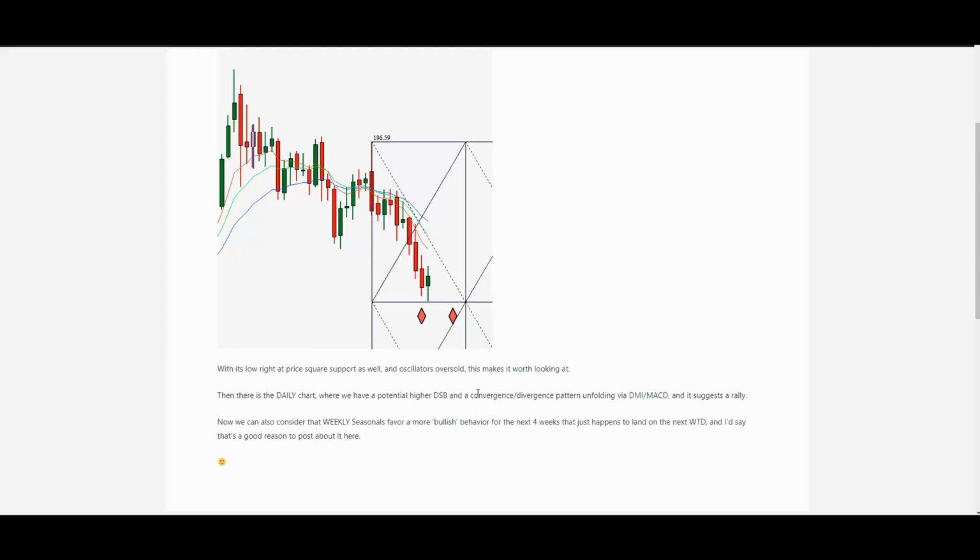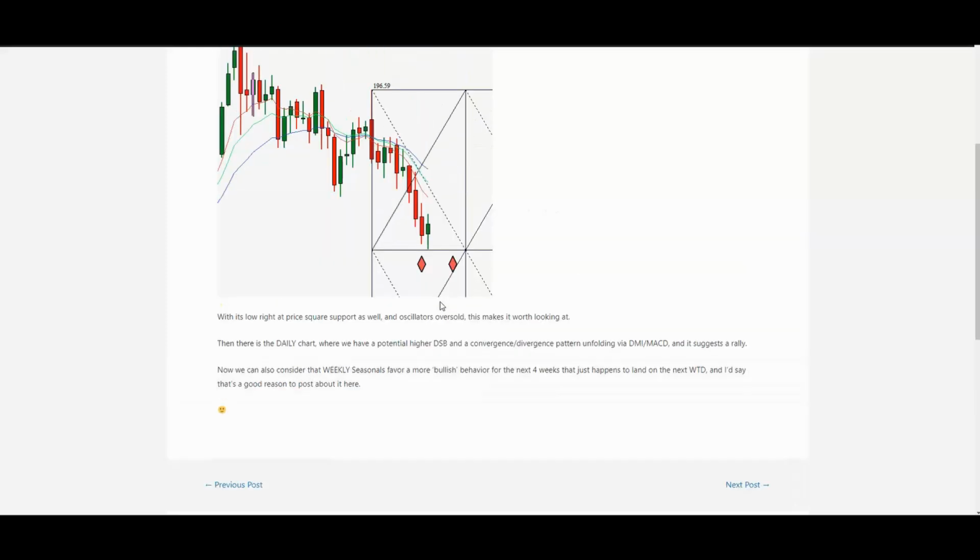Okay, and so I talk about oscillators and all this stuff and weekly seasonals, but you can see that it's at support based on time price squaring, which is another tool within my provisions charting software. So when I saw that, I said, okay, we're at support, we're within one bar of this weekly turn.